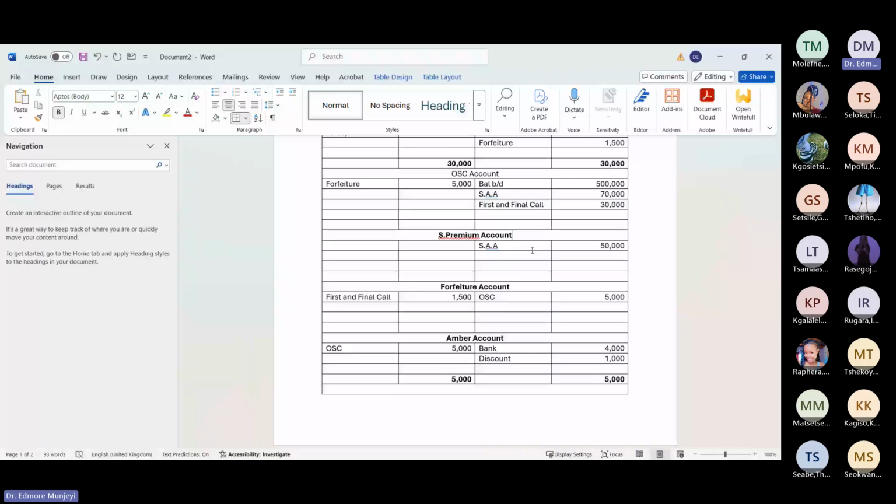But what does it mean to say we debit Ember by 5,000? Ember bought shares for 4,000, right? Those shares are 5,000 shares. In our company, the shares originally are £1 a share. So those 5,000 shares, their actual price in the company is 5,000.